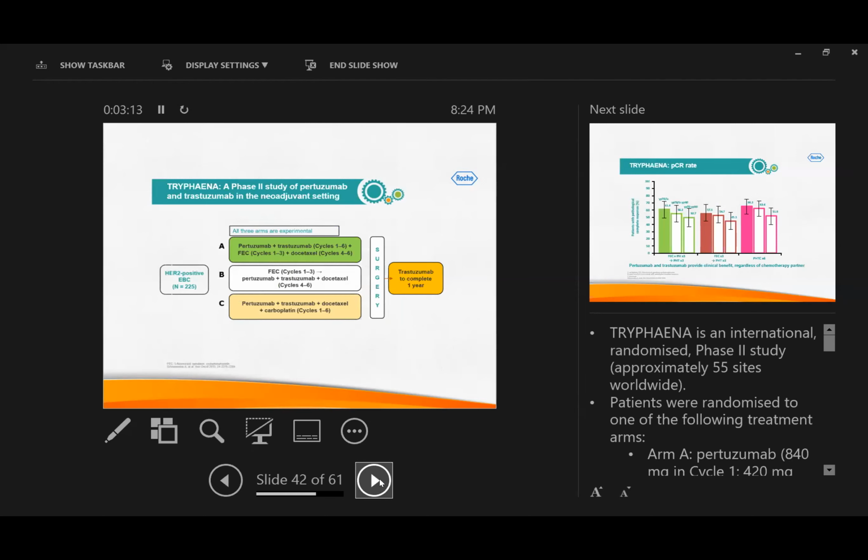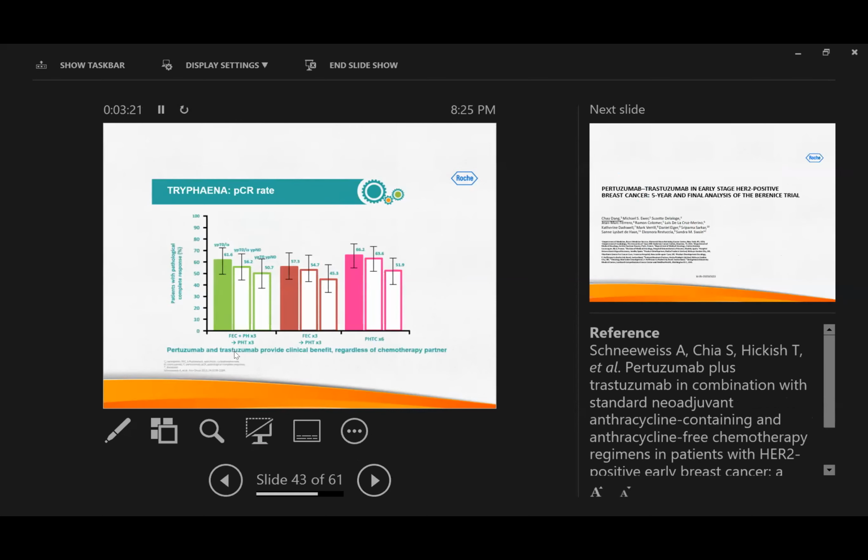But the TRYPHAENA trial was a phase 2 trial, mainly to look at the cardiotoxicity with this particular combination. In the TRYPHAENA trial, they did 3 cycles of THP followed by FEC, and they also showed similar high pathological CR rates with the use of 6 cycles of TCHP, which was trastuzumab, pertuzumab, carboplatin, and the taxane, docetaxel.